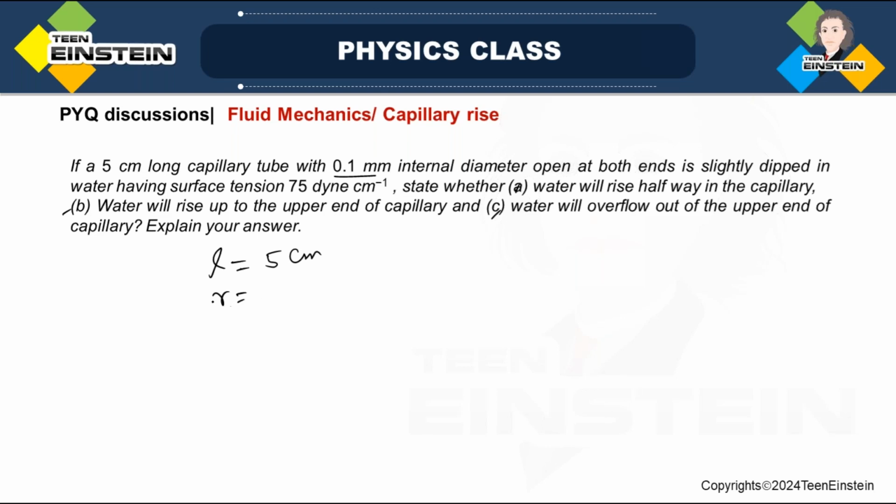Internal diameter 2R is 0.1 millimeter. So I can write 10 to the power minus 4 meters, or R is 0.5 into 10 to the power minus 4 meters. This is what we can write.